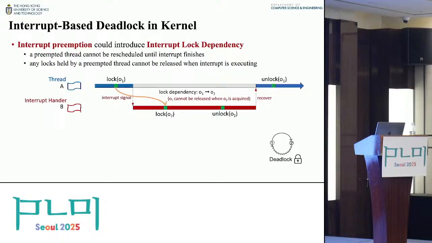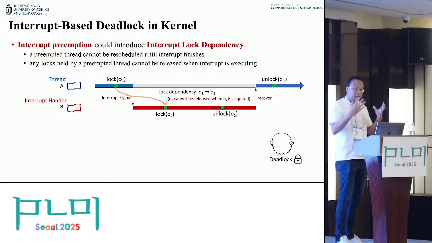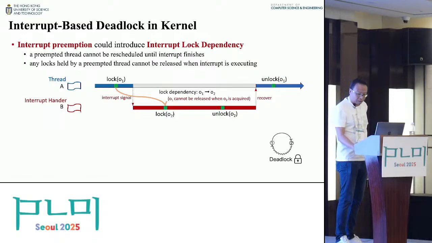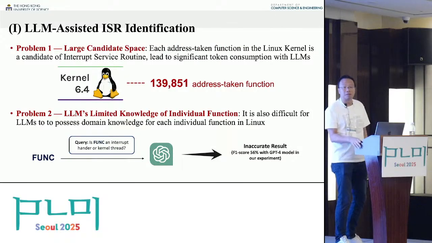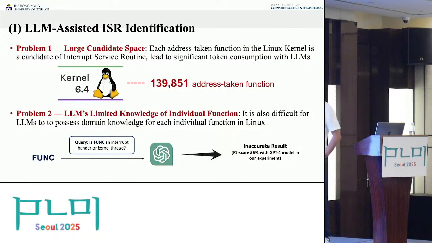When a thread acquires a lock, an interrupt can come and grab another one, and then you're going to have a deadlock.